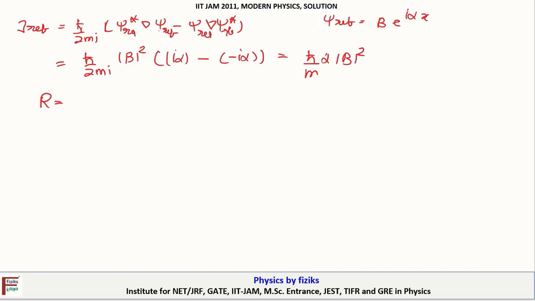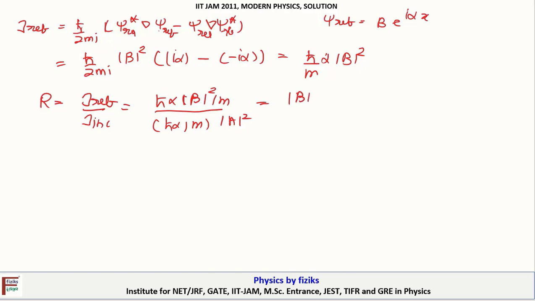So the reflection coefficient would be J reflected by J incident, which equals h cross alpha mod B square by m divided by h cross alpha by m into mod A square, which equals mod B square by mod A square, and that equals 1. So this is how we can check it out, and both these coefficients imply mod B equals mod A. So these are the solutions of the 21 marks problem.